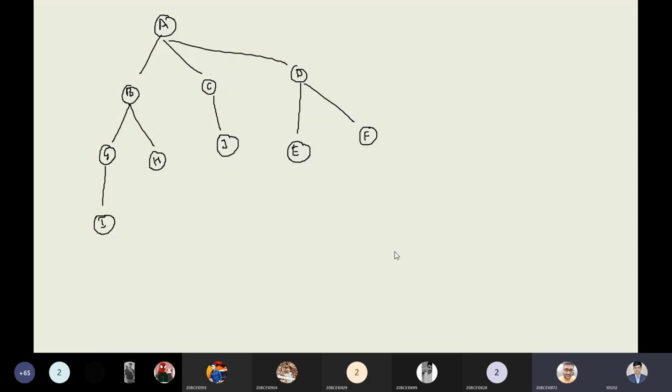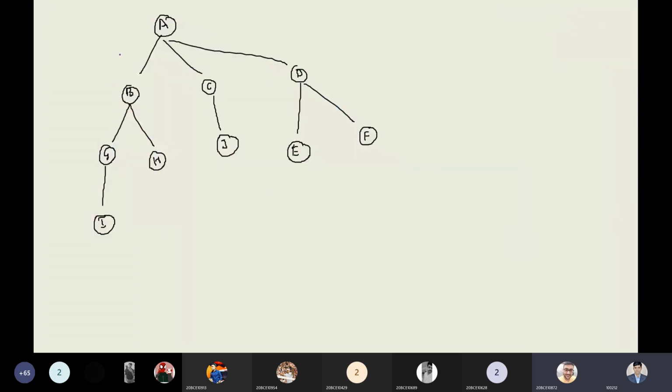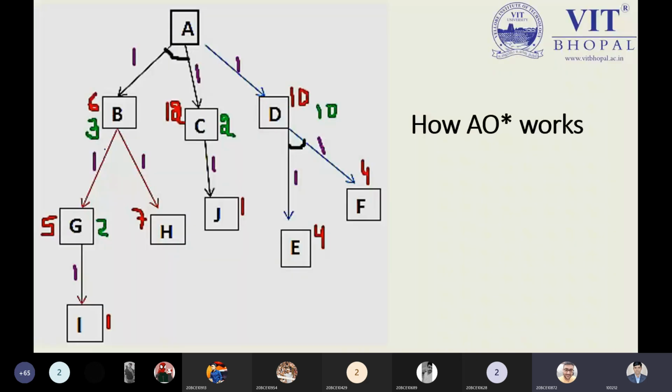Let me choose the purple color first to determine the path. So 1, 1, 1, 1, all are represented by the 1. This is our cost. If we talk about 6, 12, 10, this would be our heuristic value.